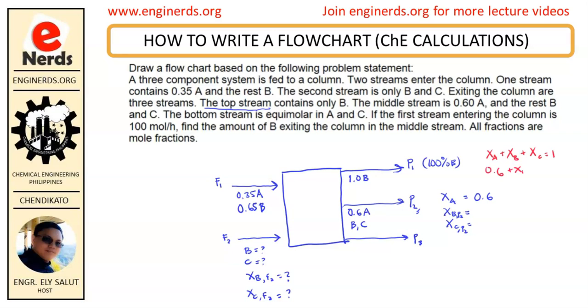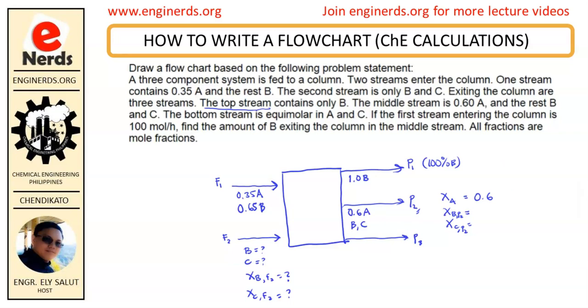So, plus XB ng P2 plus XC ng P2 is equal to 1. Therefore, ang ating XB ng P2 plus XC ng P2 is equal to 1 minus 0.6, which is equal to 0.4, diba?